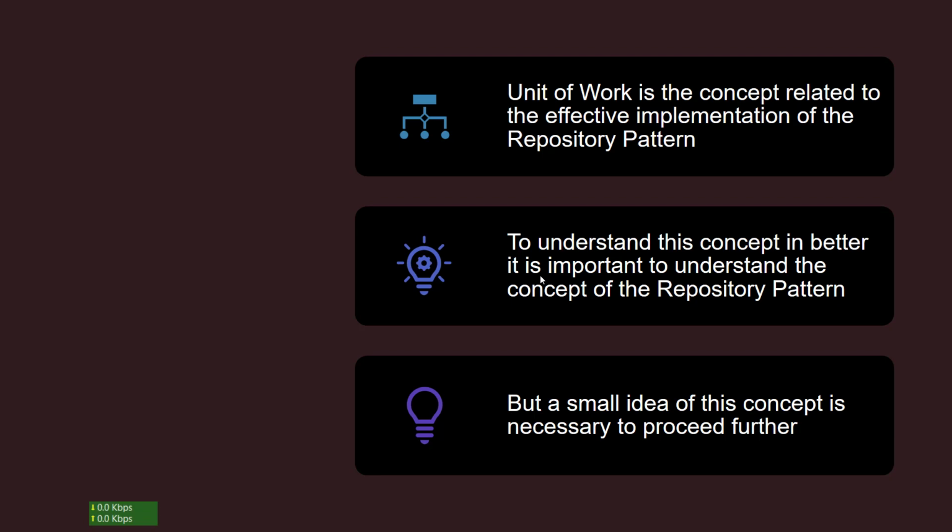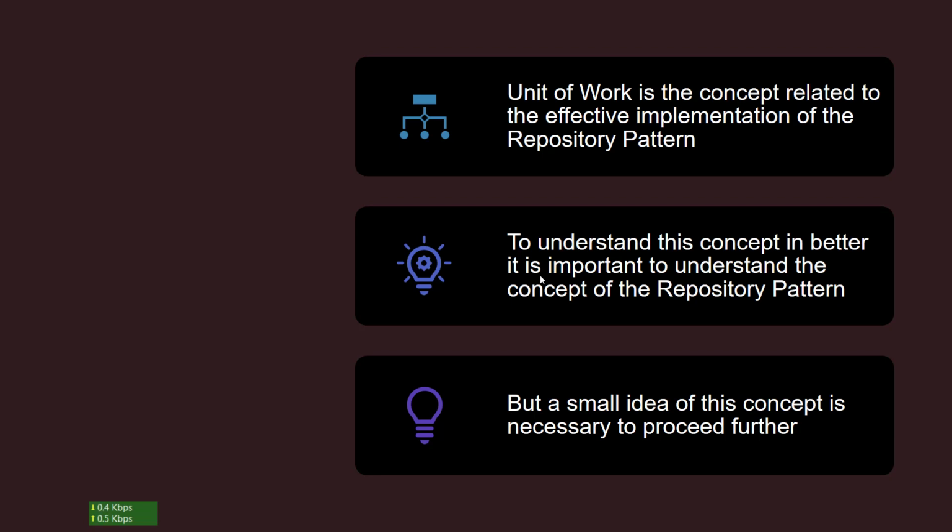If you are familiar with the repository pattern, I'm just giving you some insight. In the repository pattern, we have entities, and those entities need to be saved, updated, or deleted accordingly.